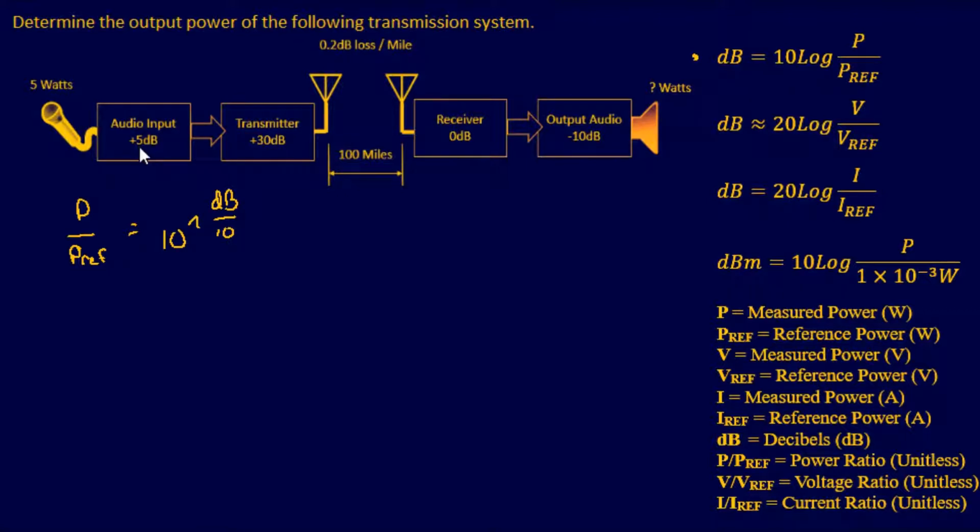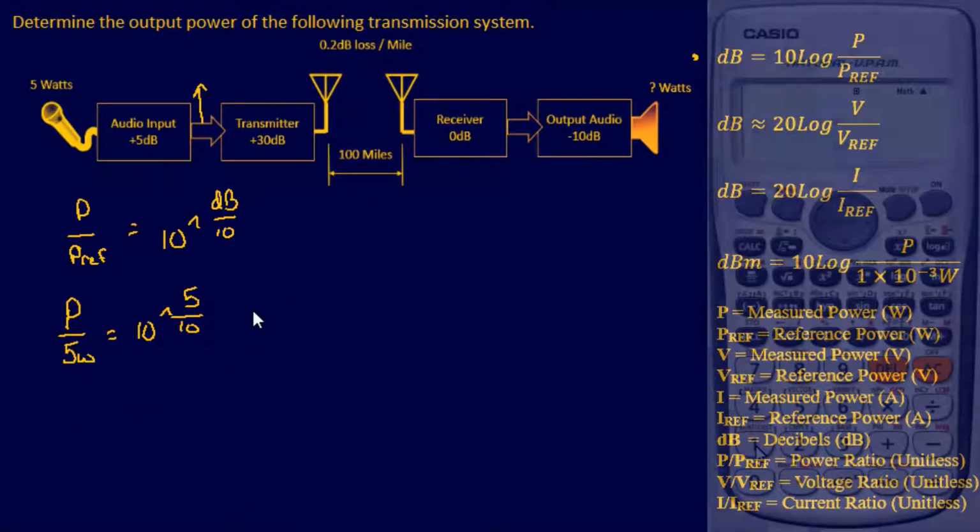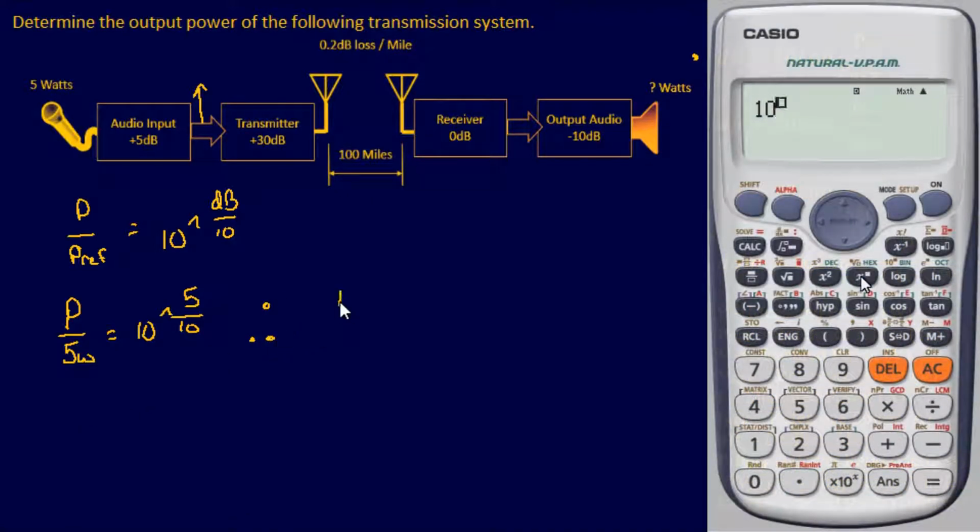So for this one, it's pretty simple, and like I said, we'll take it one at a time. So we want to find our power right there. So we have 5 watts, which is going to be our power reference. So it's going to be P over 5 watts equals 10, which is our anti-log, and our decibel is going to be 5 divided by 10. So if I continue on with this guy, it's going to be P over 5 watts equals 3.162.